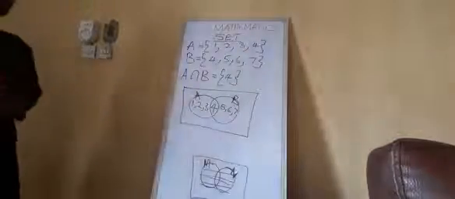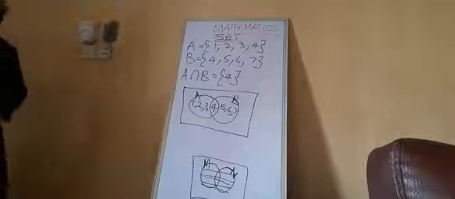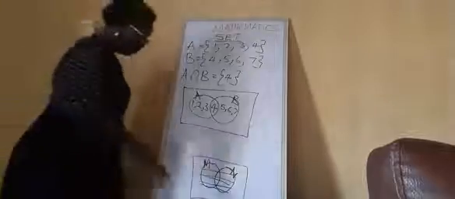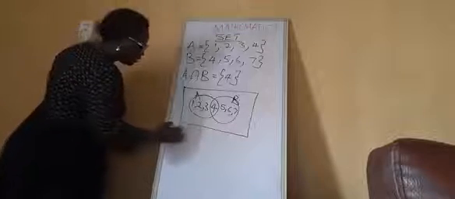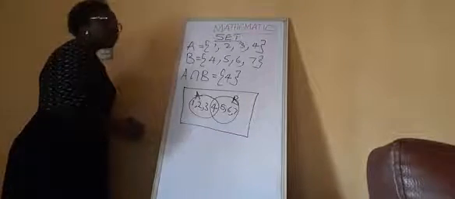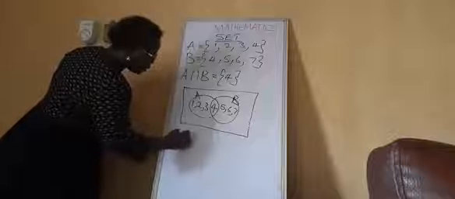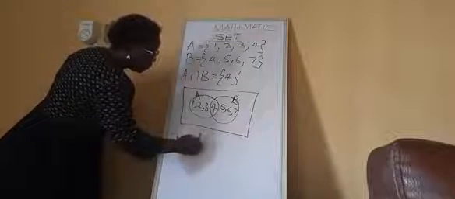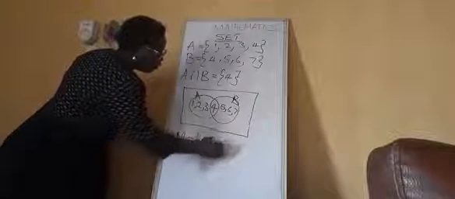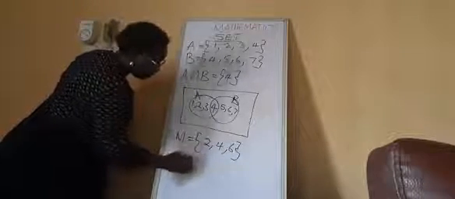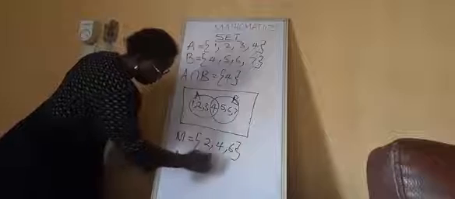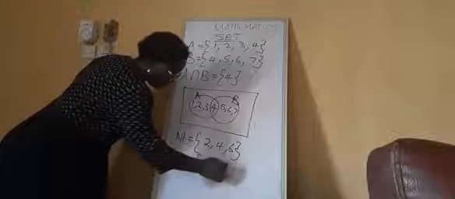Now let's look at another one. If you are given another set, let me use M now. It says M to be 2, 4, 6. And you have another one, N, to be 7, 8, 10.